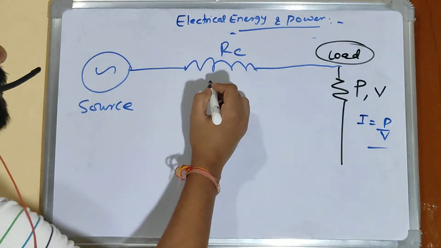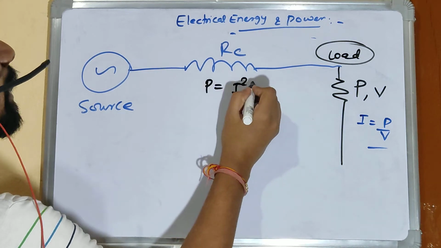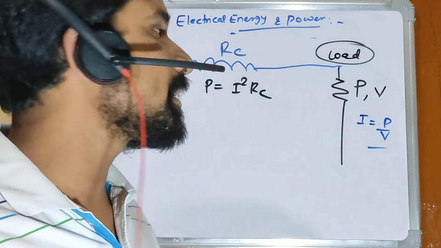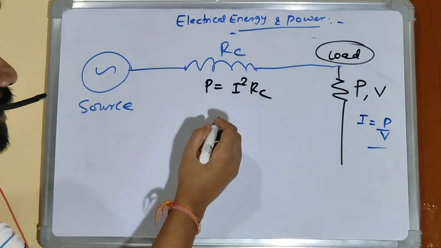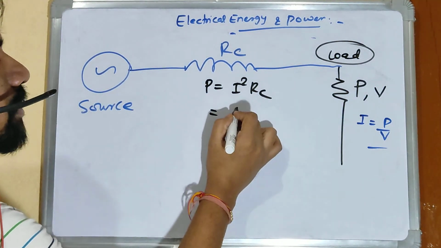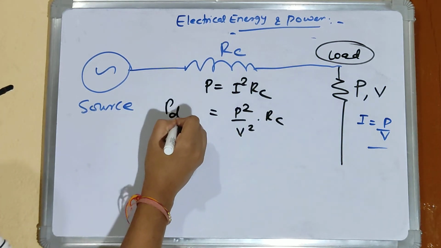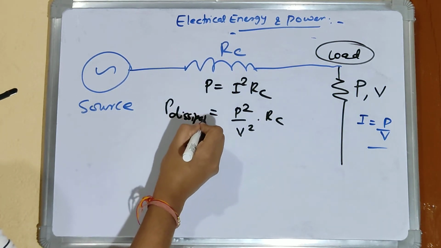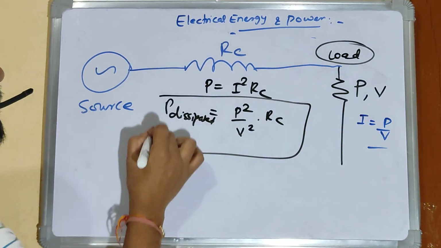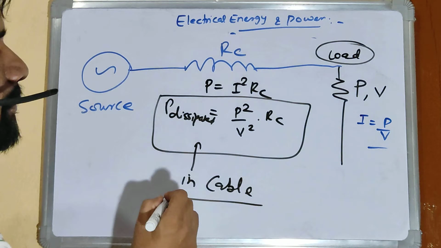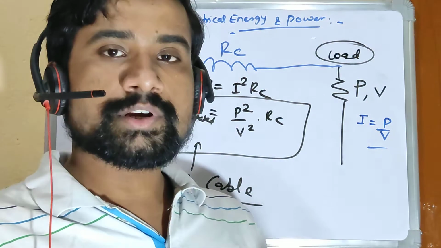How much is that heat? Heat will be I square into RC. RC is the resistance of this cable or transmission line, right? I square into RC. So if the current I need is P by V and the resistance is RC, the power dissipated, meaning consumed, in the transmission cable is P square by V square into RC.